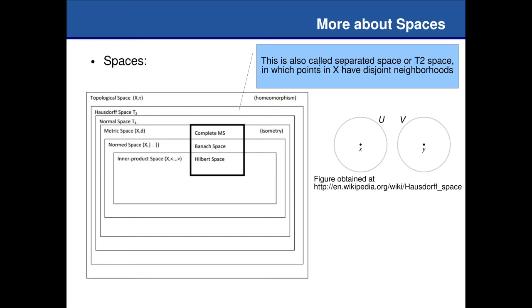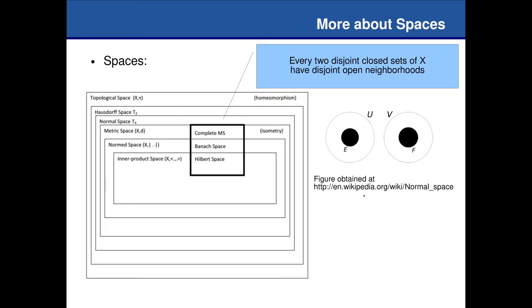This is also called a separated space, or T2 space if you prefer, in which points in X have disjoint neighborhoods. That's what we have in Hausdorff spaces. There is a basic reference for Hausdorff spaces.